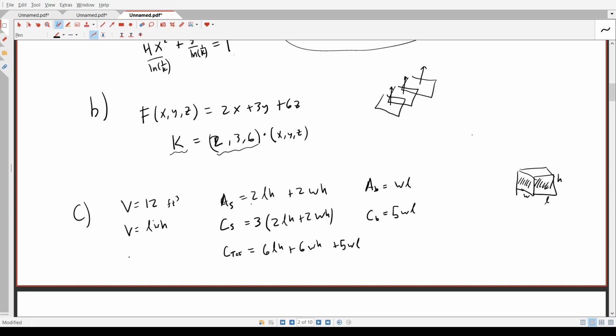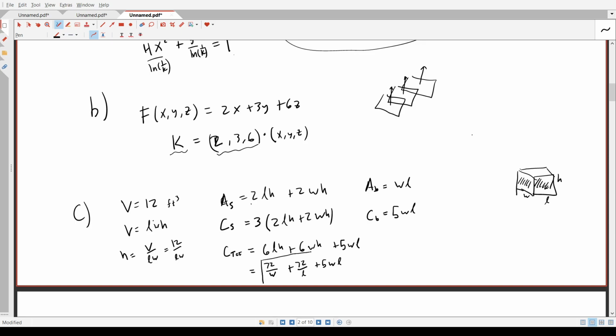But from over here, what do we know? We know that H is equal to V over LW, which is 12 over LW. So I plug that in, and I get that this is equal to 6 times 12 is 72 over W plus 72 over L plus 5WL.